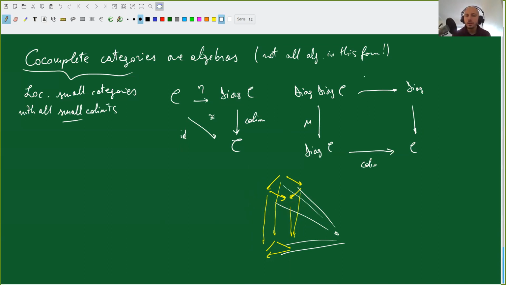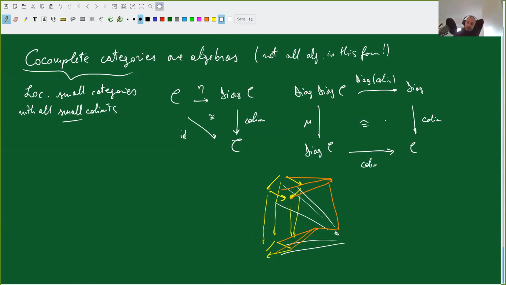Or you can, for each diagram in the diagram, take the colimit. Let me change color: take the colimit of this and the colimit of this. And now take the colimit of this resultant diagram. And the two things are the same, of course, up to isomorphism again.